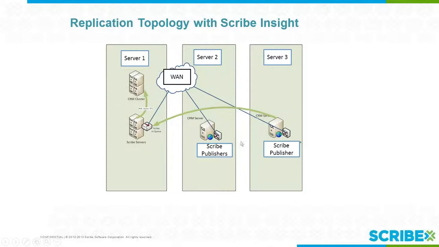Now the benefit of using the message processing in the Scribe publishers to do this is that the Microsoft Message Queuing works really efficiently over slow network connections. So if you do have a WAN that isn't super efficient, this method works really, really well.